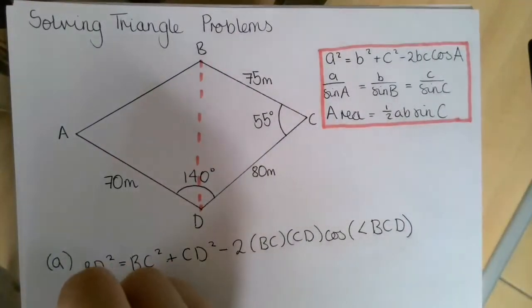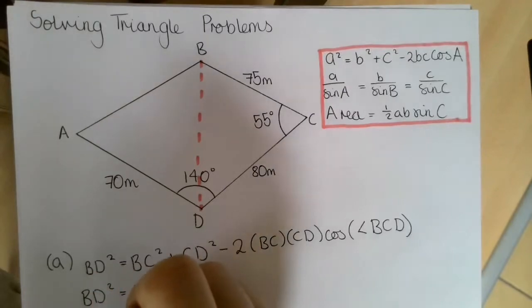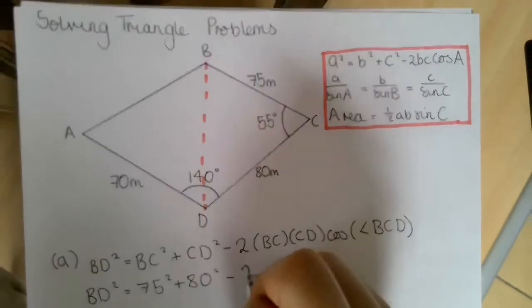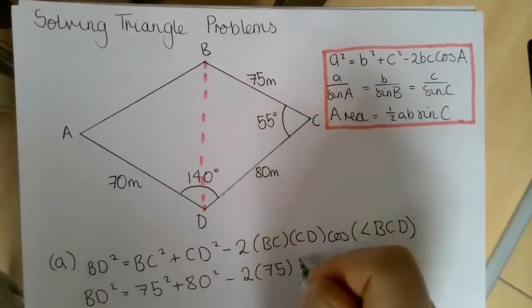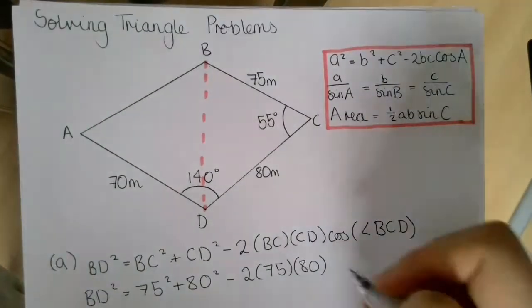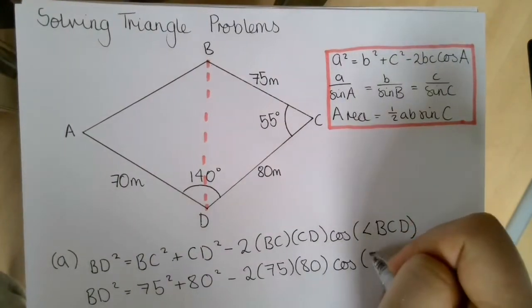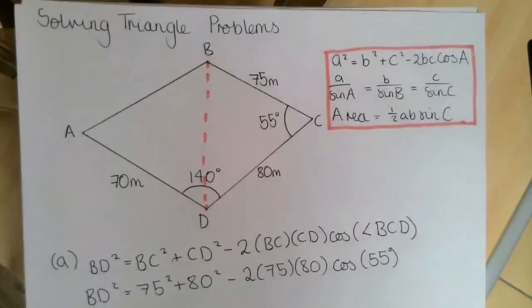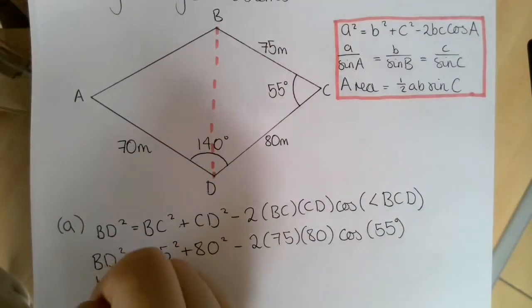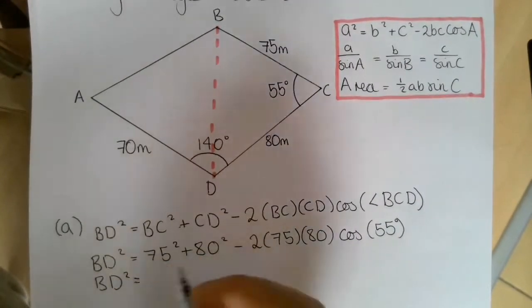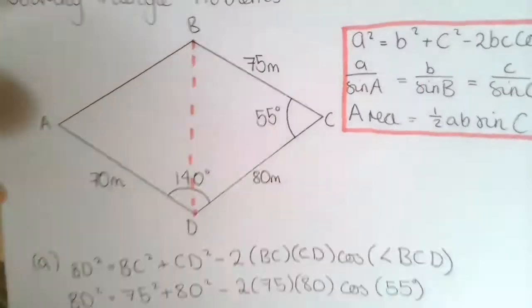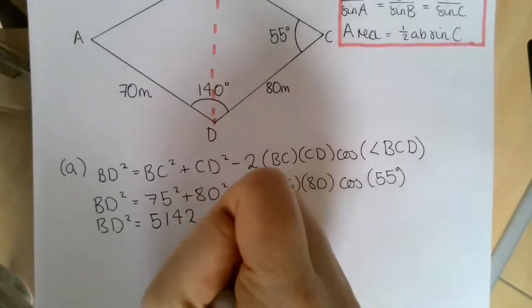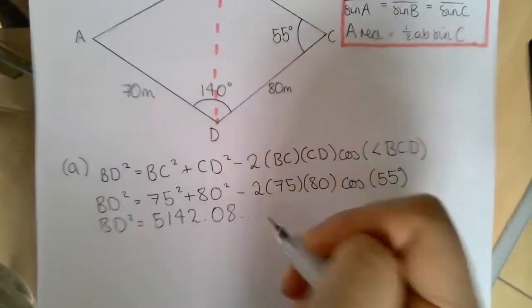So BD squared is equal to 75 squared plus 80 squared, subtract 2 multiplied by 75 multiplied by 80 multiplied by cos 55. If I put that into my calculator, I get that BD squared is equal to 5,142.08 and so on.